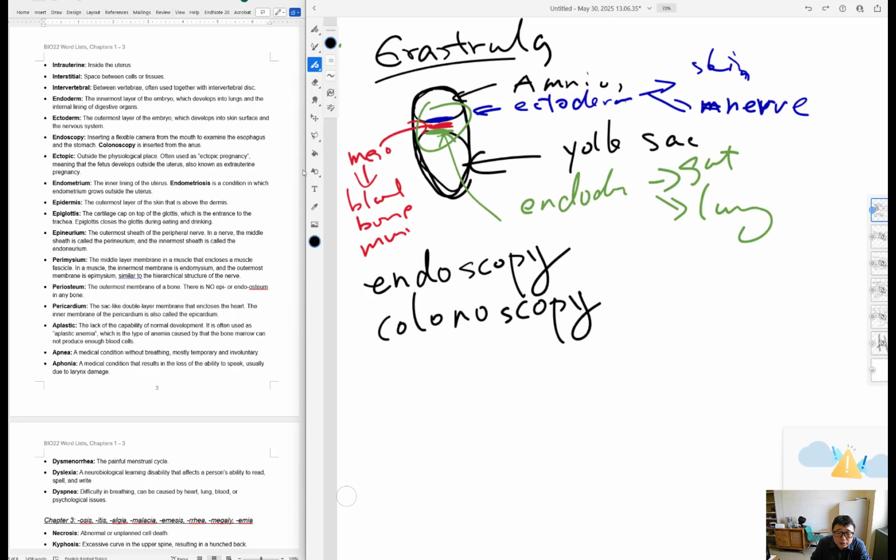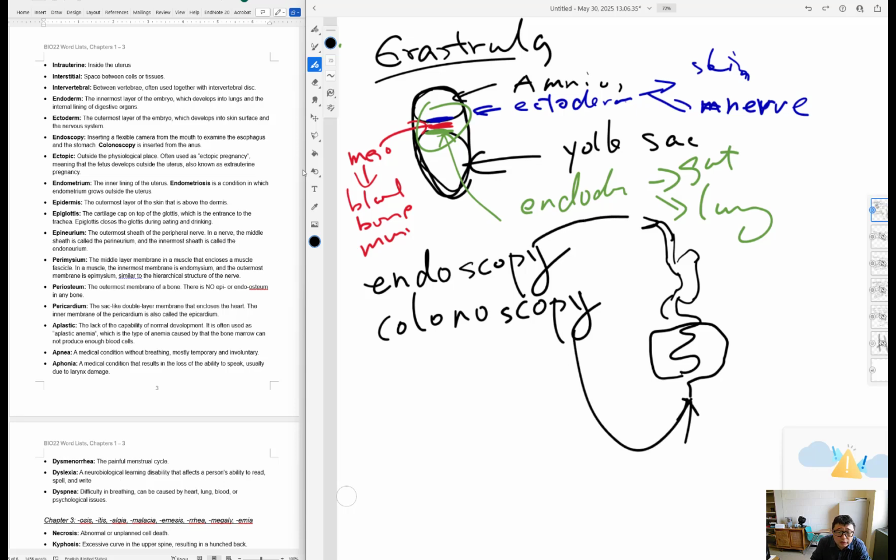Say this is the mouth and esophagus, stomach, small intestine, and colon. This is colonoscopy. And endoscopy goes in here to check the esophagus and the stomach, whether there's anything wrong there.